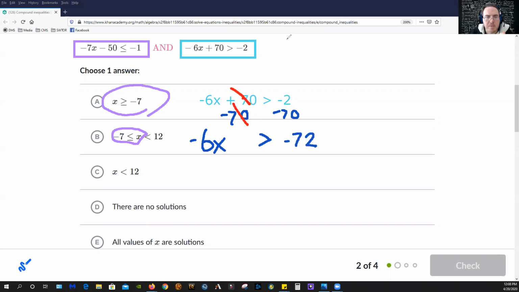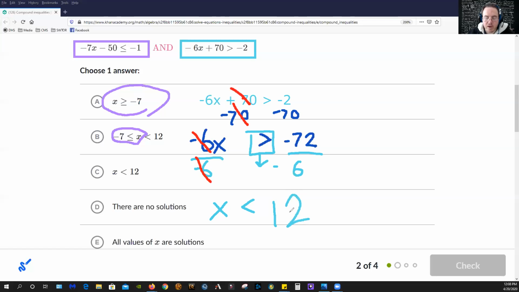Oh, and here it is. When I divide by negative 6, bingo, that's going to have to flip. Divide by the same thing, that's equal to 1. So what we end up with is just x, flip this around, is less than negative 72 divided by negative 6, which would be just 12.